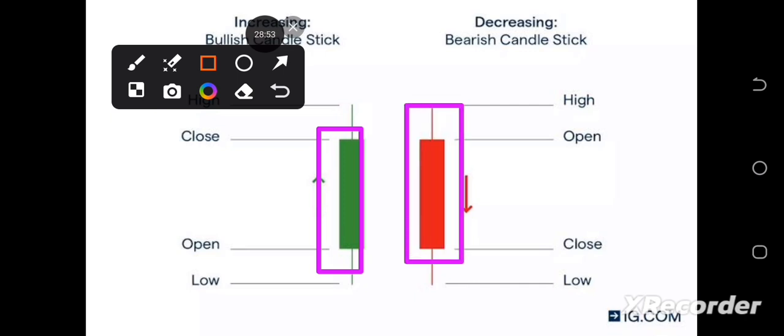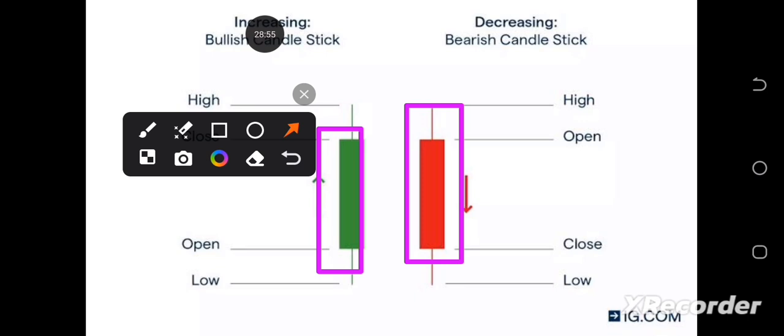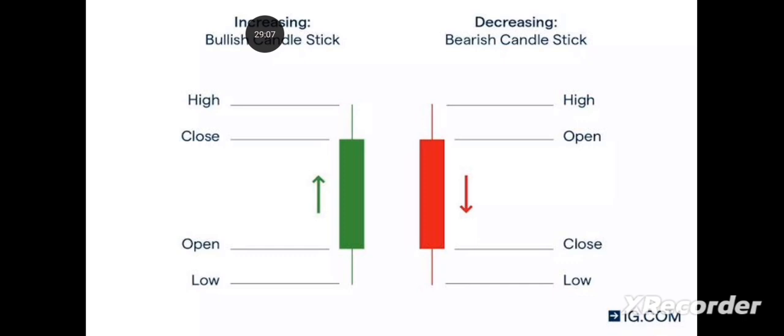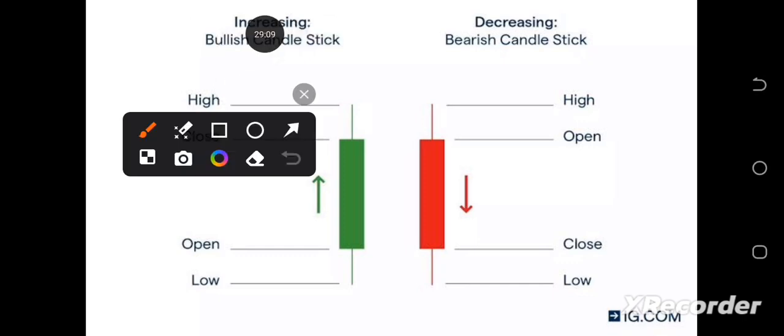So each time you see a green candle, it means the buyers are in control. The market should be going up. If you are buying, the market should be going up like this. And each time you see a red candle, you are expecting the sellers are in control, meaning the market is going down.